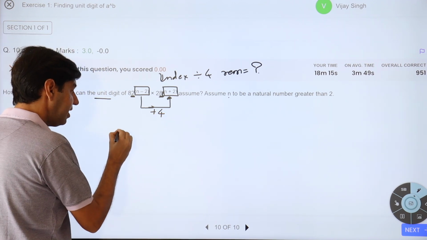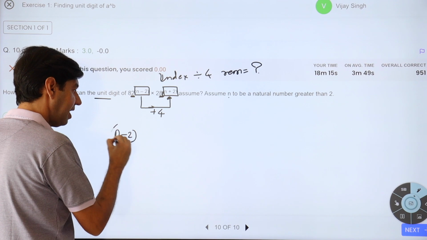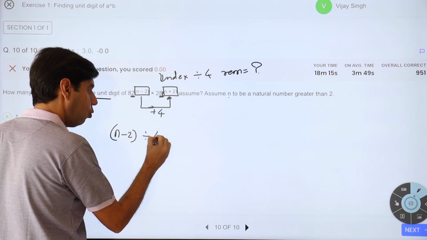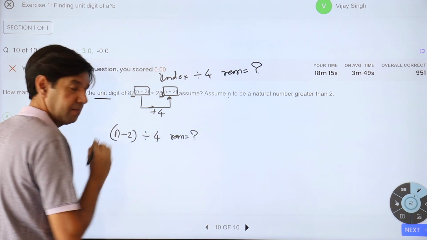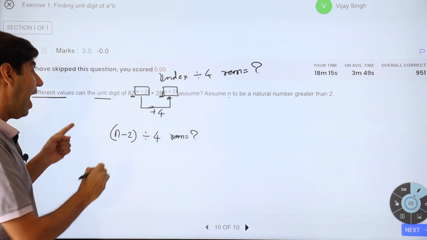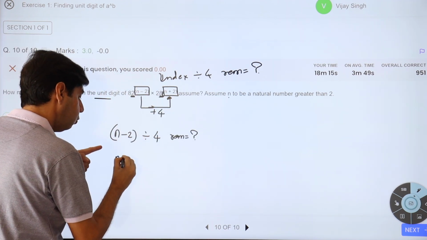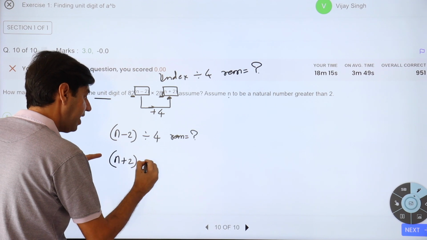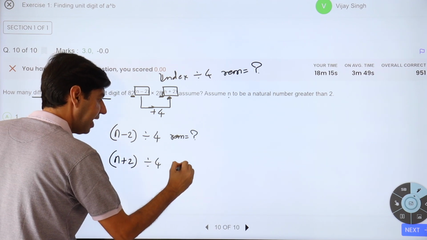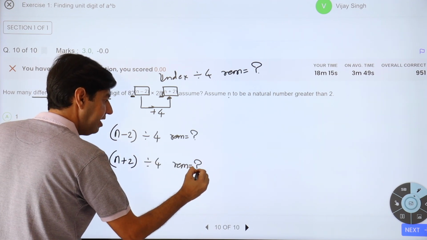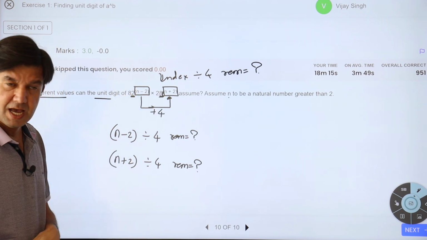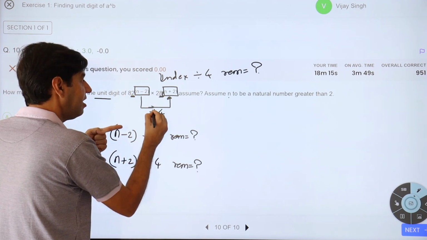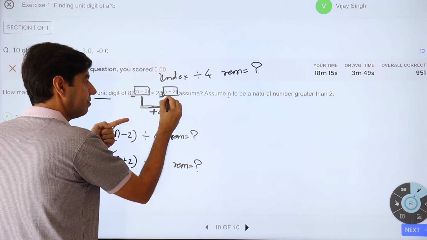So n minus 2, when I divide by 4, what is the remainder? And n plus 2, when I divide by 4, what is the remainder? These are my individual questions to find the unit digit of each. But then you see that the difference between them is 4.